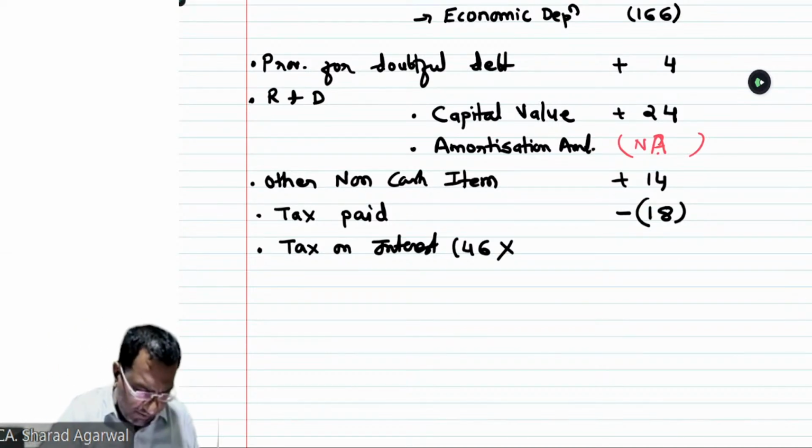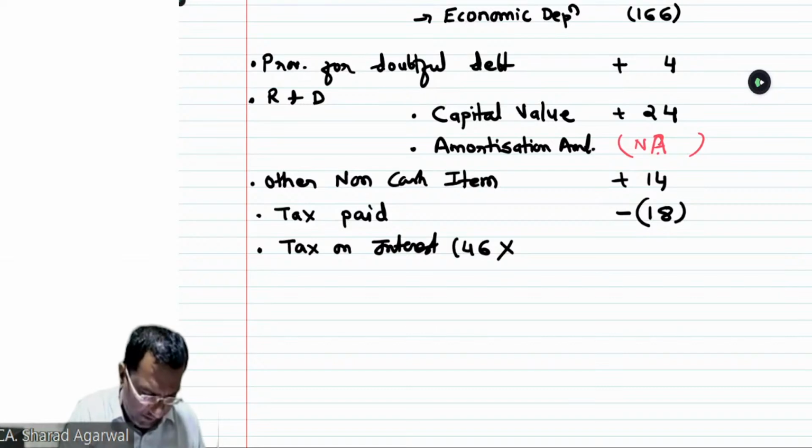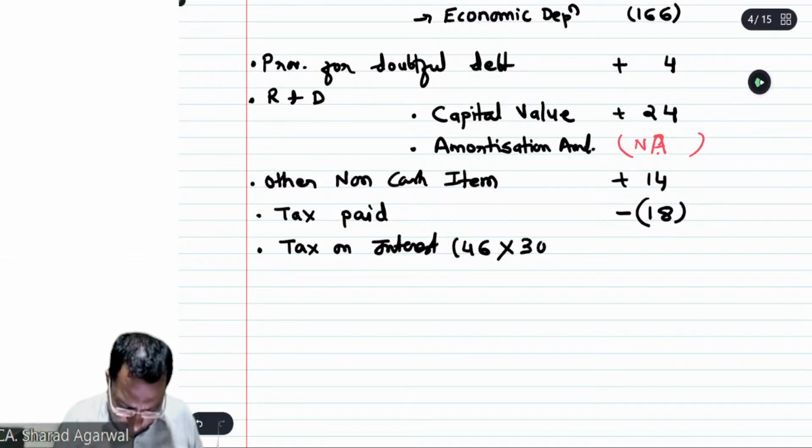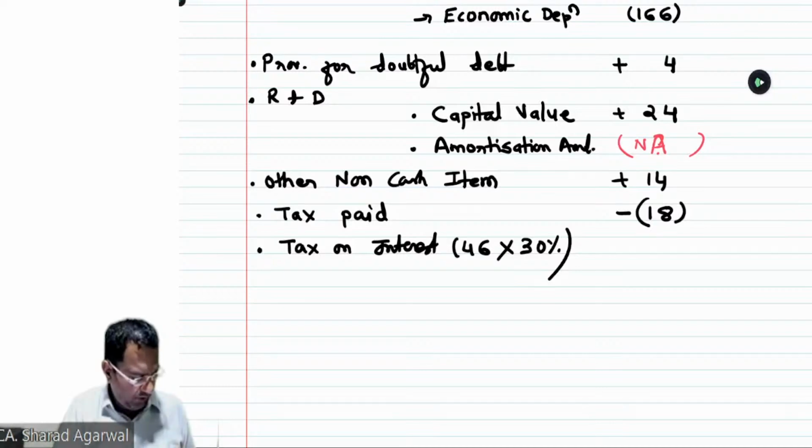Where the tax rate has been given, and tell me the tax rate, beta. Okay, the tax rate is given in the main statement itself. Tax at the rate of 30%. Okay, so the tax rate is 30%. Calculate 30% of 46, beta, how much is coming? 46 multiplied by 30%, it's 13.8.